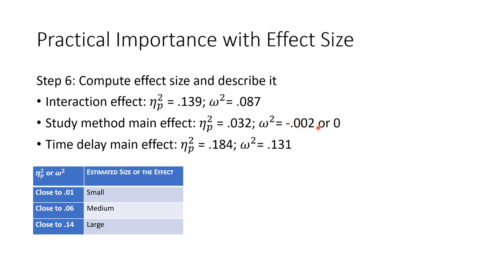So lots of times people will report it as it's computed, but lots of times they'll just, if it comes out to be negative, just report it as 0. Obviously, that's a small effect. When you're talking about the time delay effect, the omega squared is saying that that's a large effect. I mean, it's pretty close to 0.14, so that's a large effect.